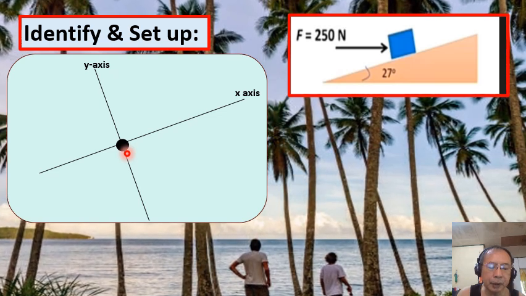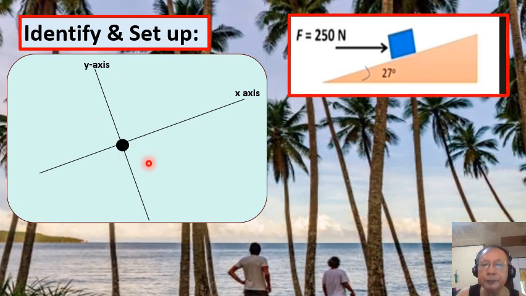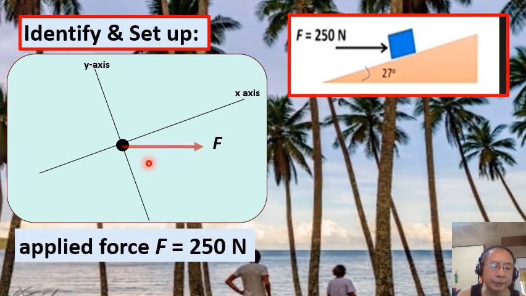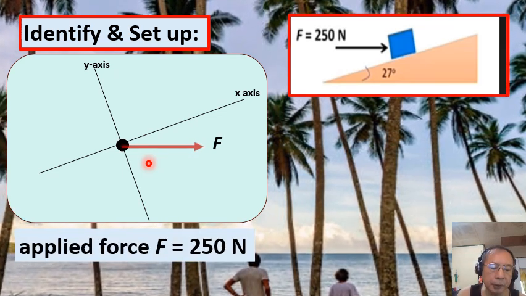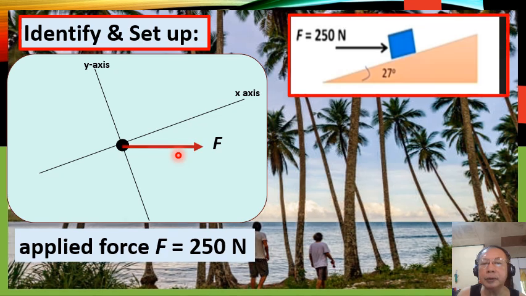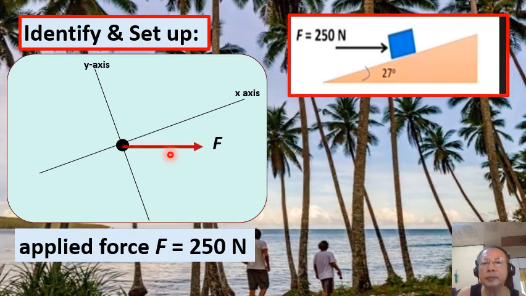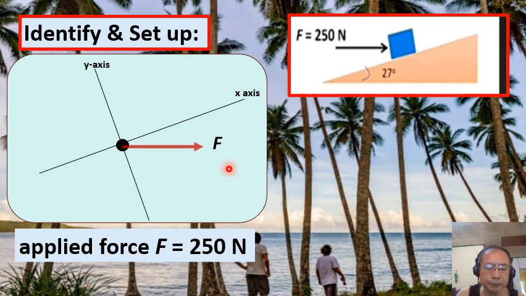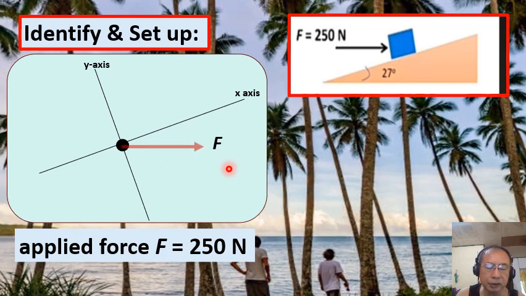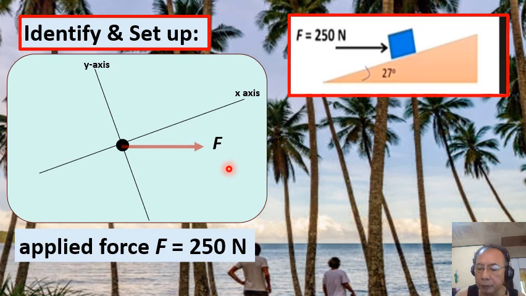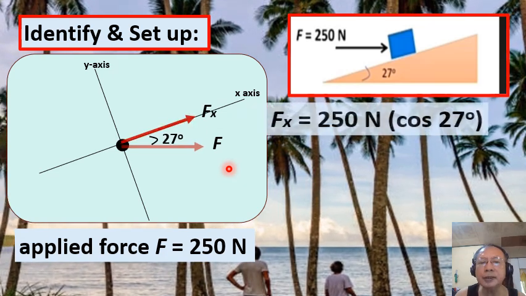The applied force F is represented by the vector arrow pointing to the right, and this force F forms an angle of 27 degrees below the positive x-axis.